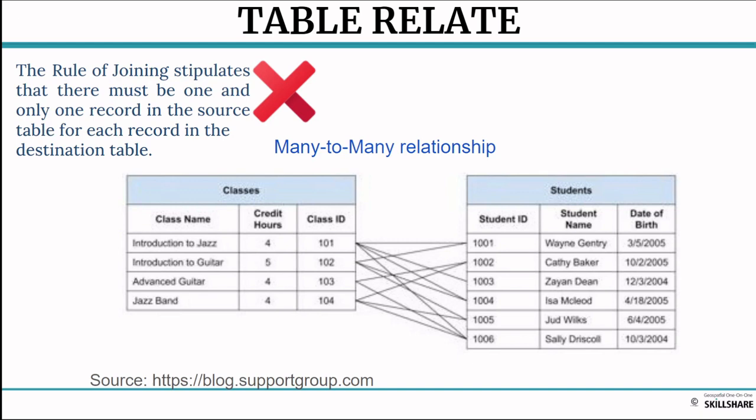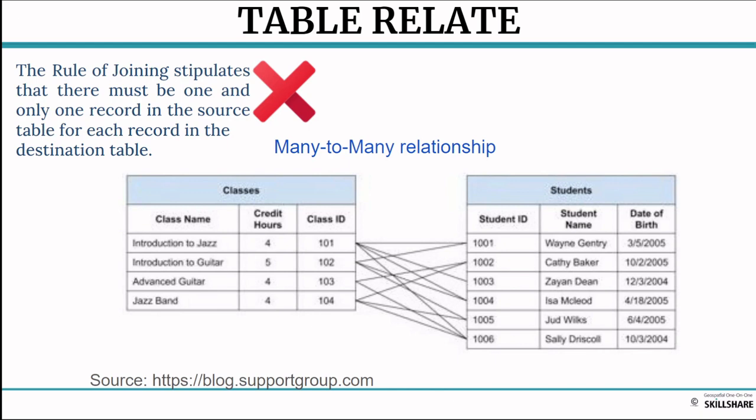Now, there's also the many-to-many relationship, which also defies the principle of join. So we have to use relate. However, it is even more complex with a many-to-many relationship. When the same record, for instance, you have a class where there are different subjects, a student is offering multiple subjects in the class table, and the class also has multiple students in the students table.